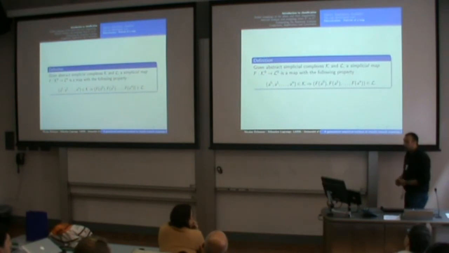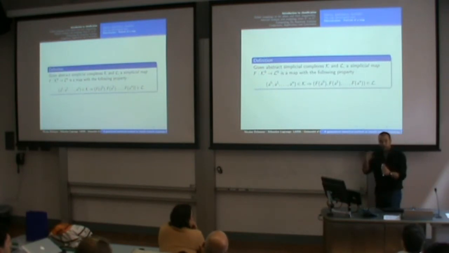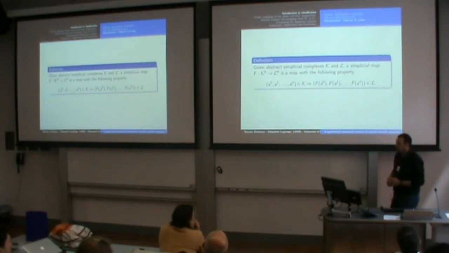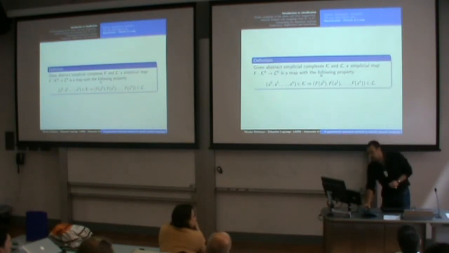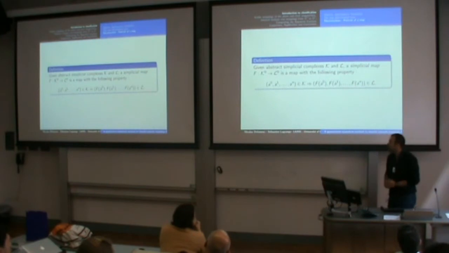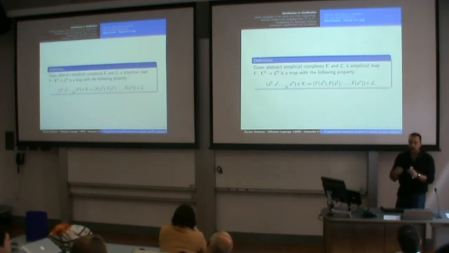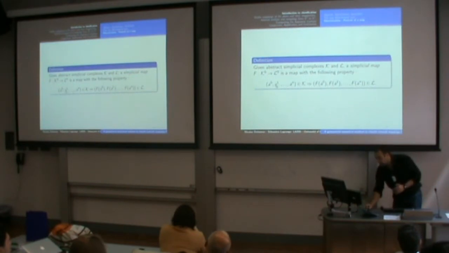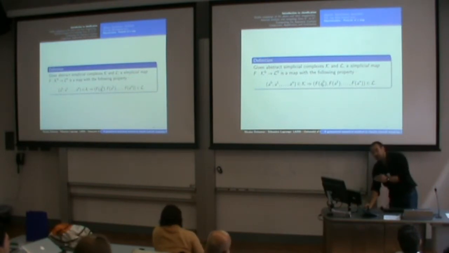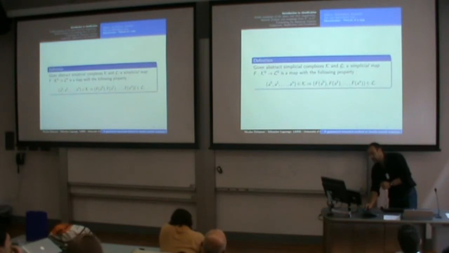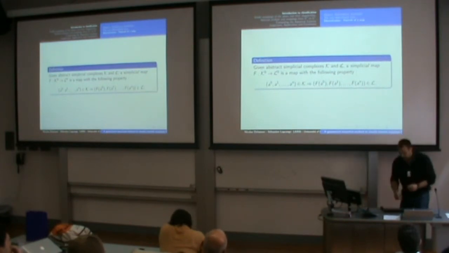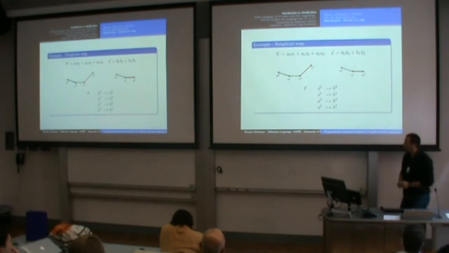So now I'm going to give you maps between simplicial complexes. Given two complexes, K and L, a simplicial map is just a map defined between nodes, such that we need this property. Each time that you have a simplex, it can be a line, it can be a triangle, the image of each element must be a simplex inside your second simplicial complex. This is what we want. So an example here.